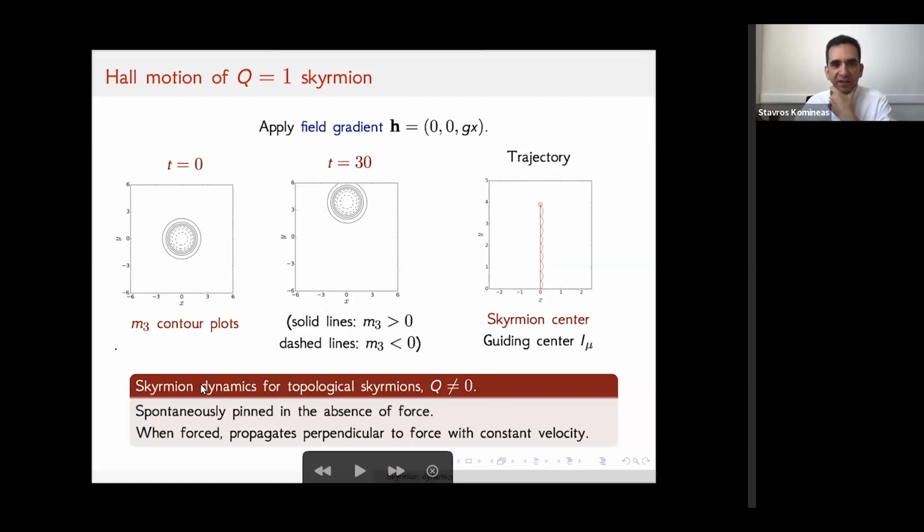So the result is that the skyrmion with non-zero topological number, we said earlier that it does not move. It is spontaneously pinned if you do not exert a force. And if you force it, it propagates perpendicular to the force, and in fact, with a constant velocity. Constant velocity, not acceleration. So that's what's happening here.